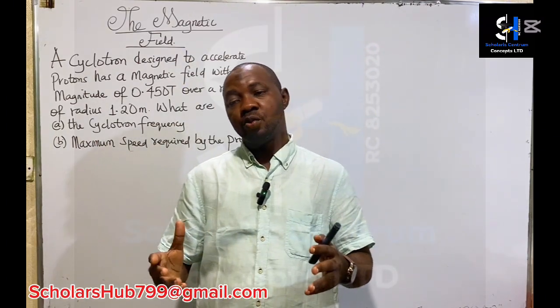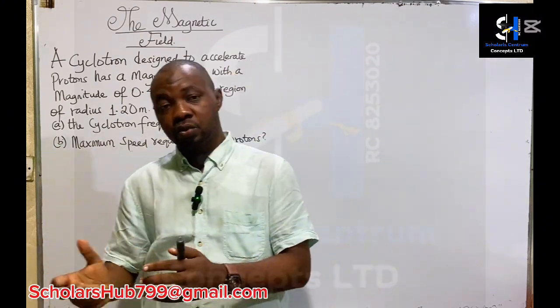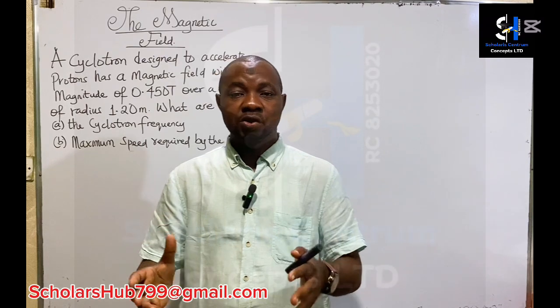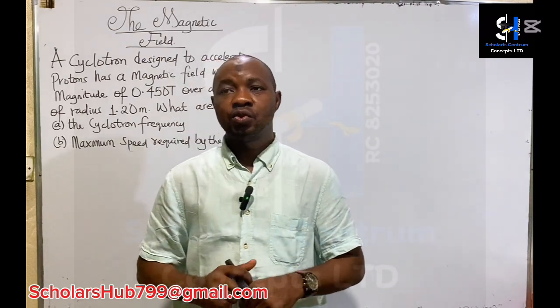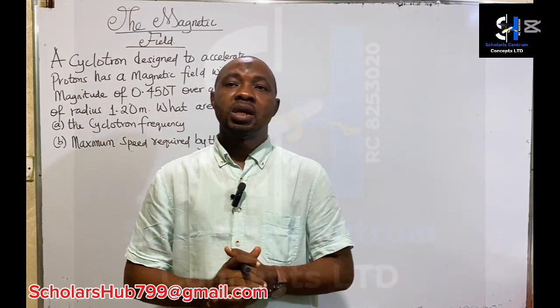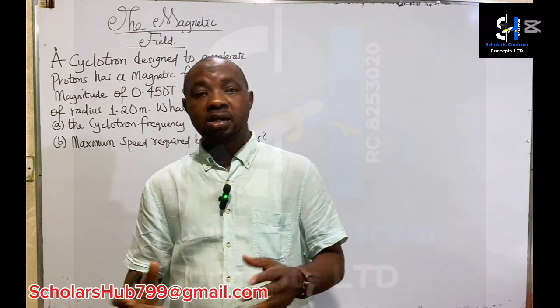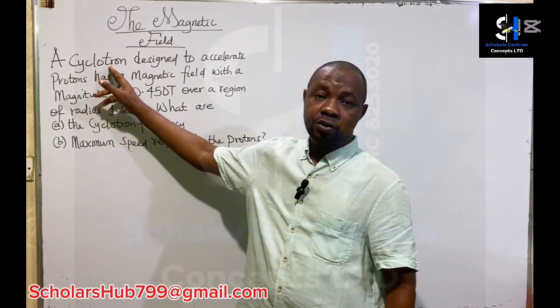One of them is what we call the linear particle accelerator, and we have another one known as the cyclic particle accelerator. An example of a linear particle accelerator is the drift tube particle accelerator. When it comes to cyclic particle accelerators, we have what we call the cyclotron.